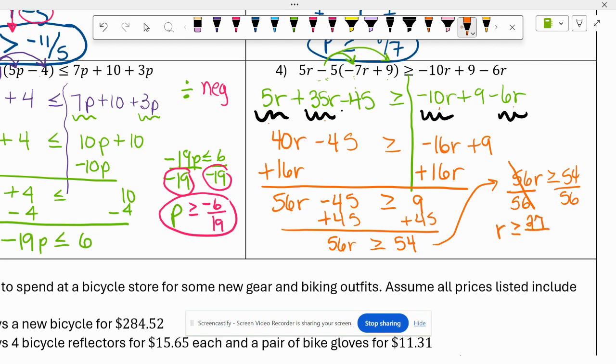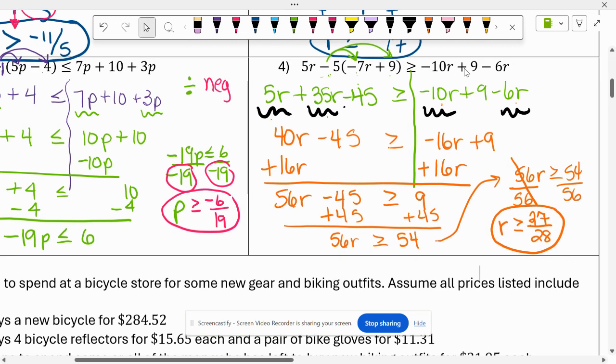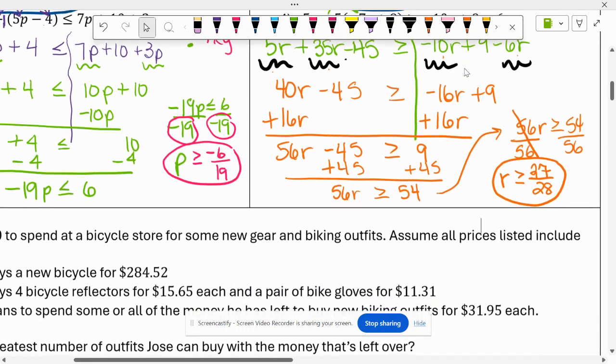Yes, 27 over 28. Remember, to turn something into a fraction, after you get a decimal answer, you hit the math button. And answer choice number 1 is fraction, right? Okay. All righty. Are we all good with that? Okay.